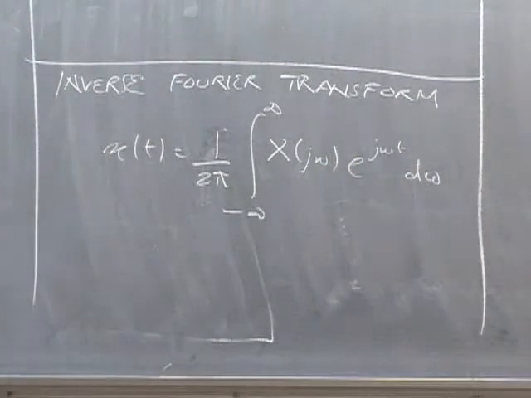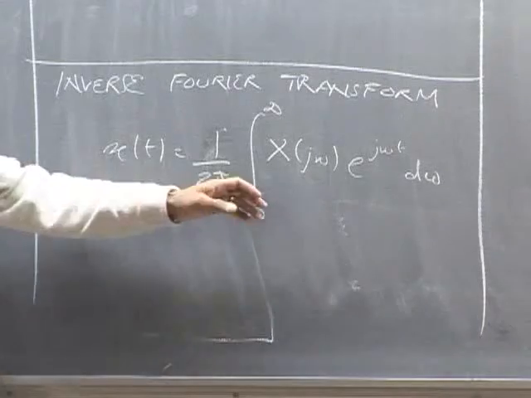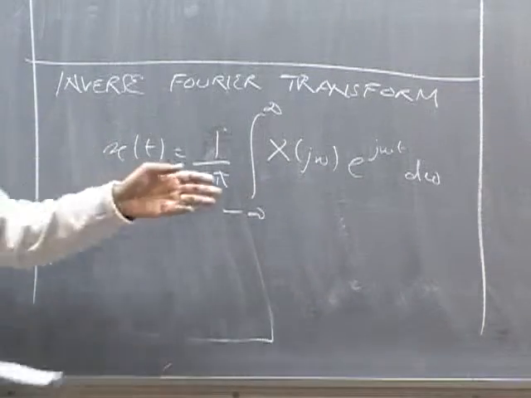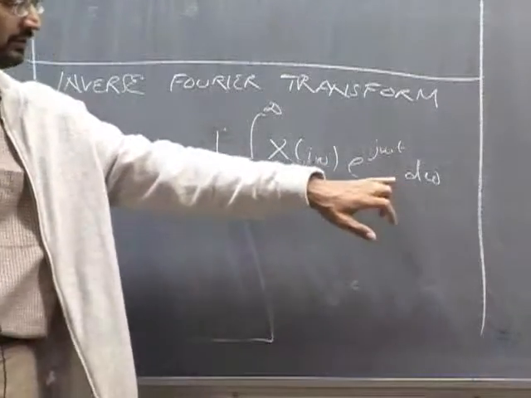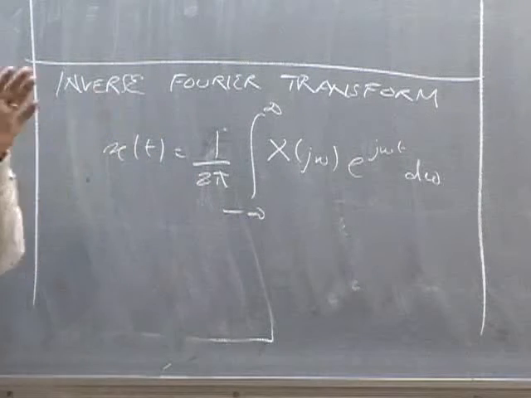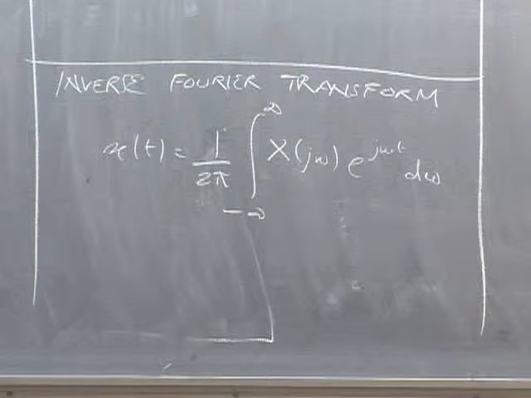So we have a function of omega, so we do dω. It looks a lot like the Fourier transform, where we had the integral from minus infinity to infinity of x(t) e^(-jωt) dt. Here we have jωt with dω, and we're getting x(t) out of it, except there's this 2π factor that you have to worry about. But other than that, it looks very much like it.